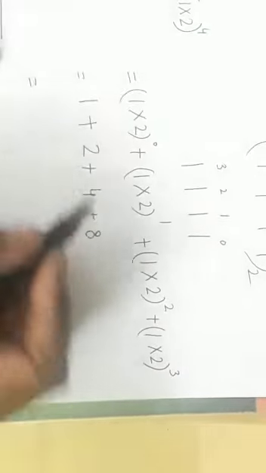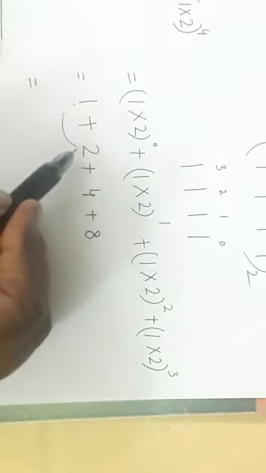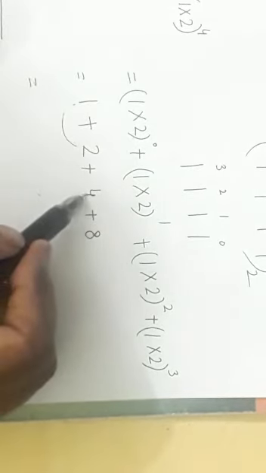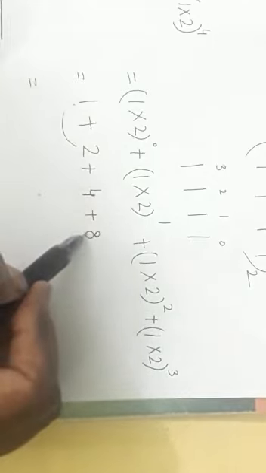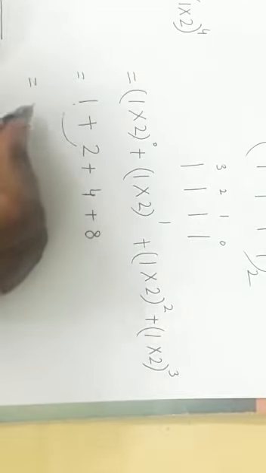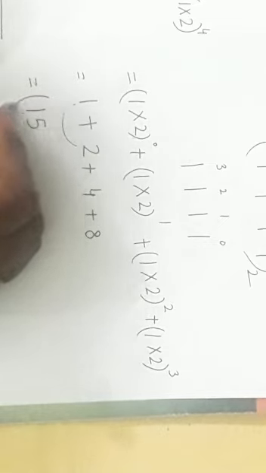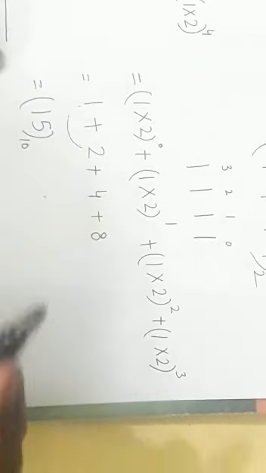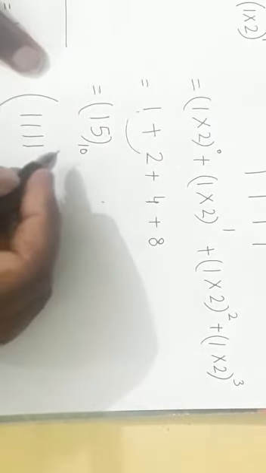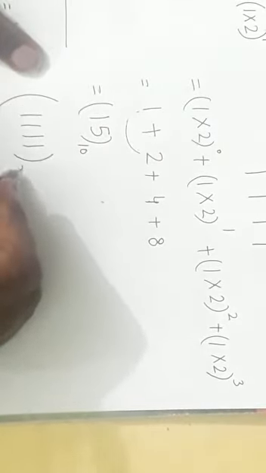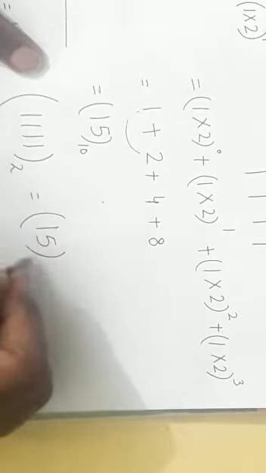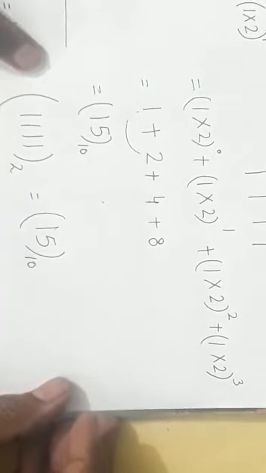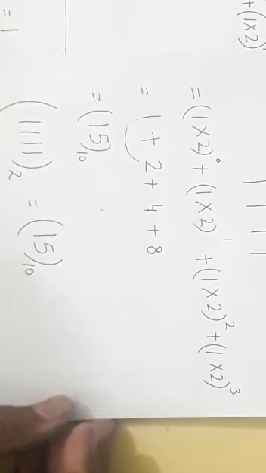So let us calculate: 1 plus 2 is 3, 3 plus 4 is 7, and 7 plus 8 is equal to 15. So this is the decimal number. So how can we write the answer? 1111 base 2 is equal to 15 decimal number.